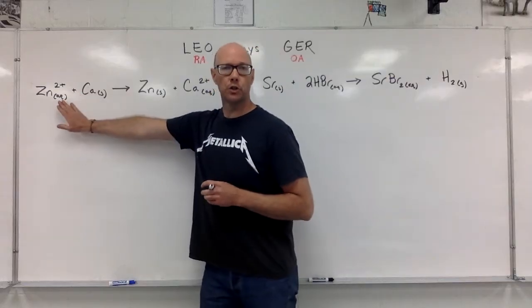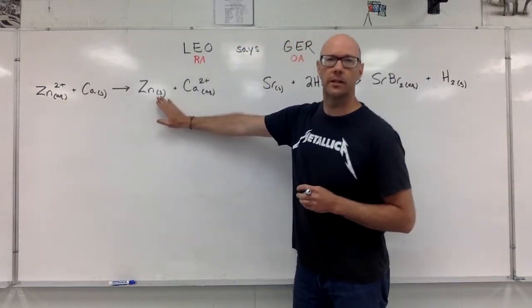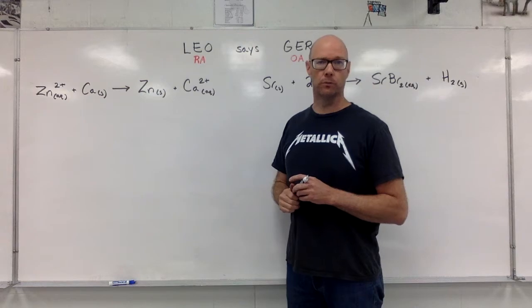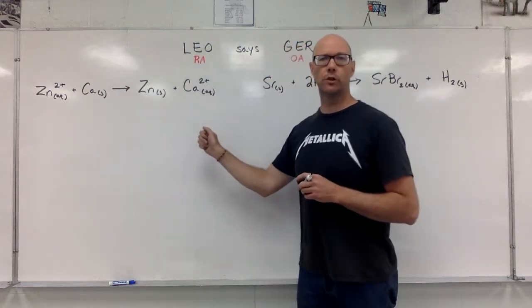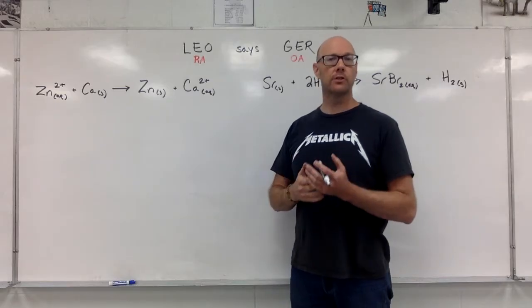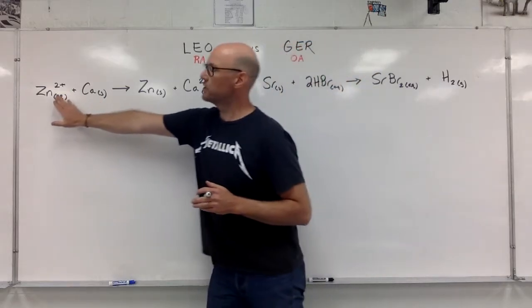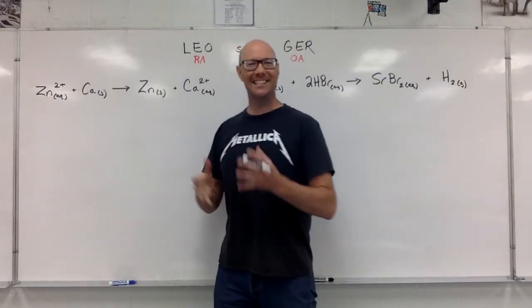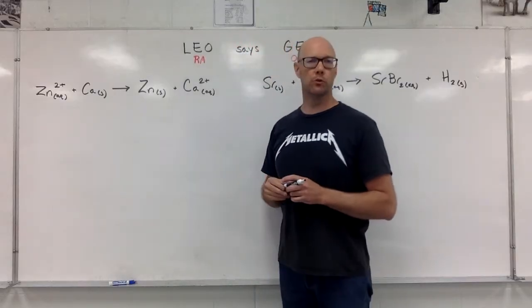The zinc ions were 2 positive and turned into zinc atoms that are neutral. From positive to neutral, that's a gain of electrons. Because electrons are negatively charged, if something that was positive gains negative charge, it becomes neutral.